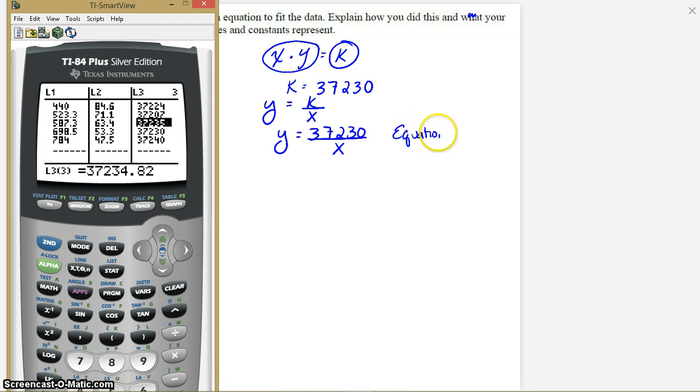Equation of the relationship between, was it Hertz and tube length? I think it was. If not, just go back to the other question and look. Hertz and, no, I don't want to do that, and tube length.